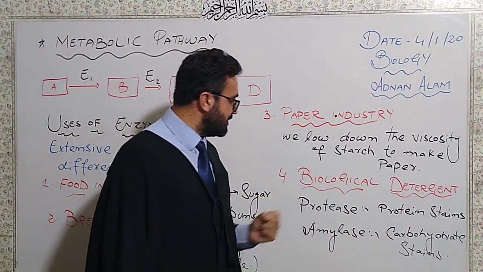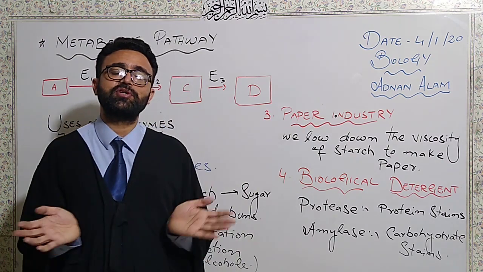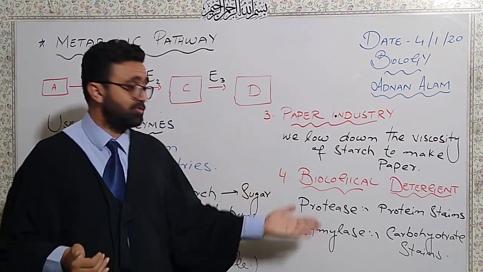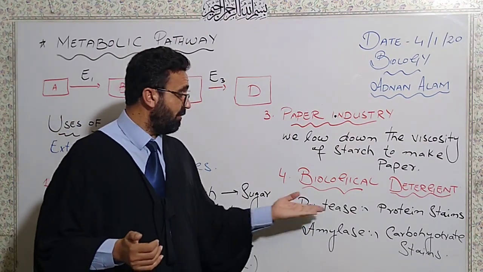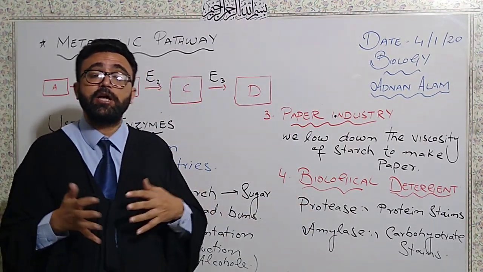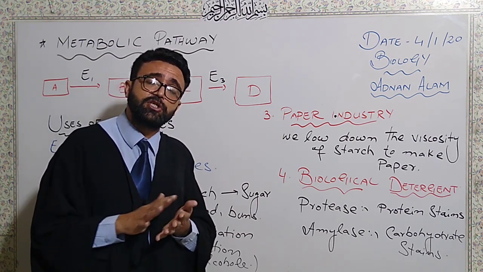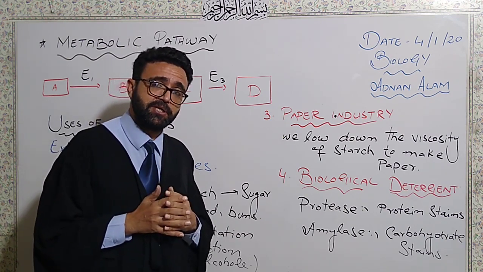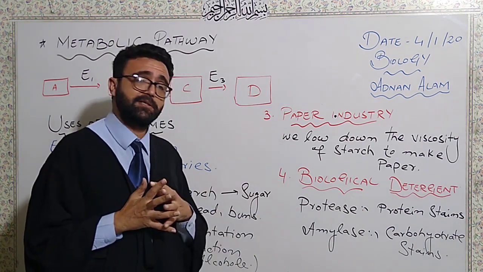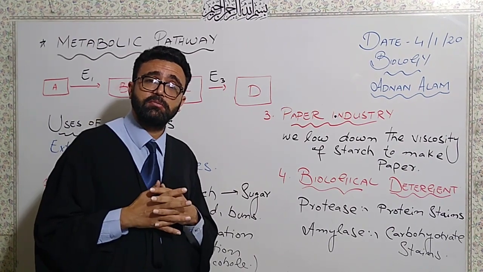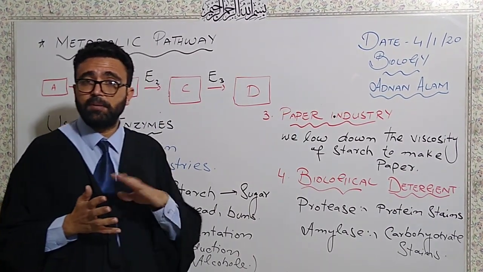The biological detergent. Enzymes are also used as detergents because if you have protein stains, you can use protease. If you have carbohydrate stains, the detergents used for dishwashing have mainly amylase, and lipase is also used to remove lipid stains.